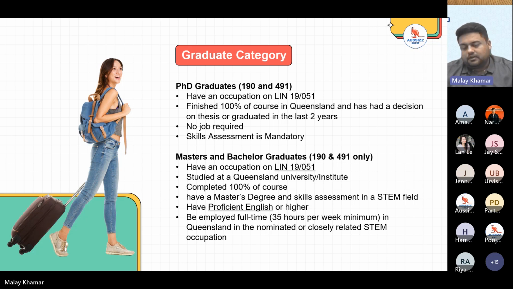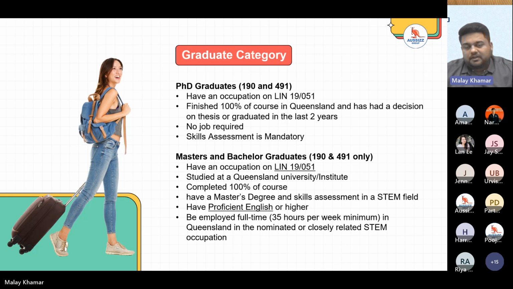Additionally, you need to have a 7 8 in English, which is the mandatory requirement, but there are no minimum requirements for work experience. That's a very good thing about the graduate category, where the applicant doesn't need to wait 3 or 6 months for subclass 190 or 491 invites. They can get at least 1 or 2 weeks of salary slips, as long as they have started working in that field.